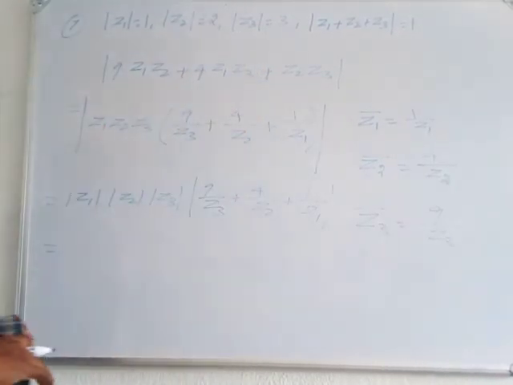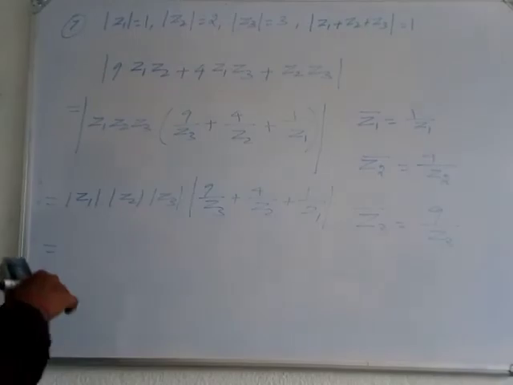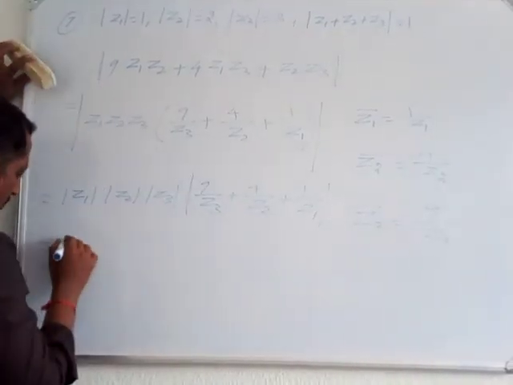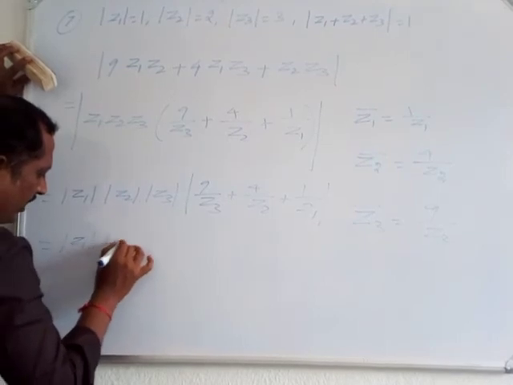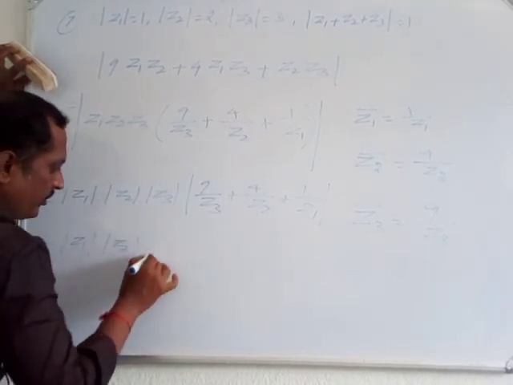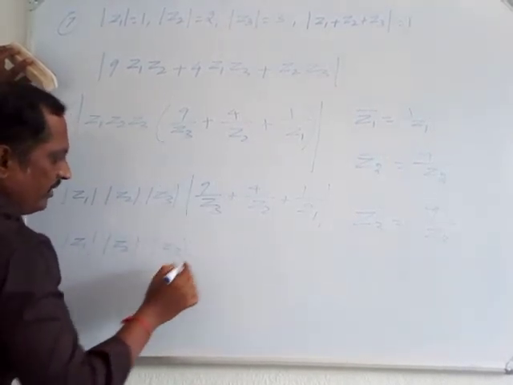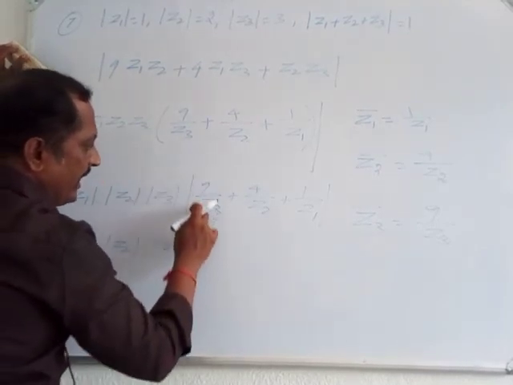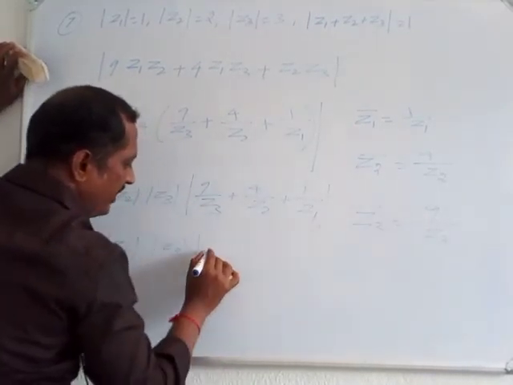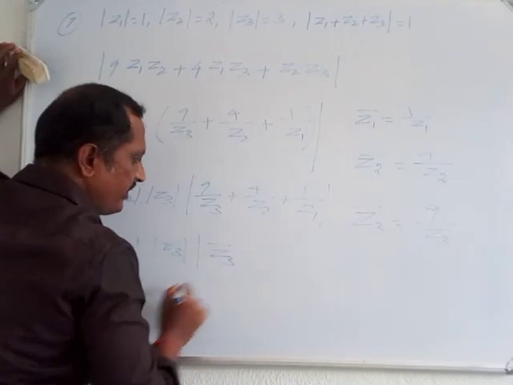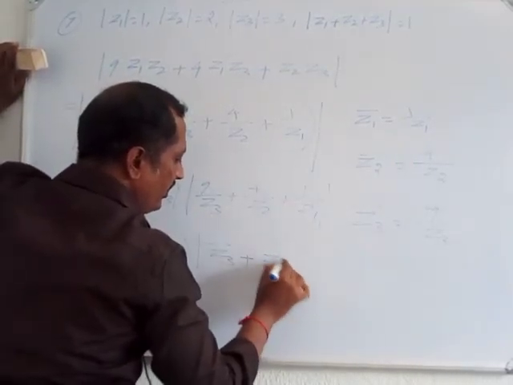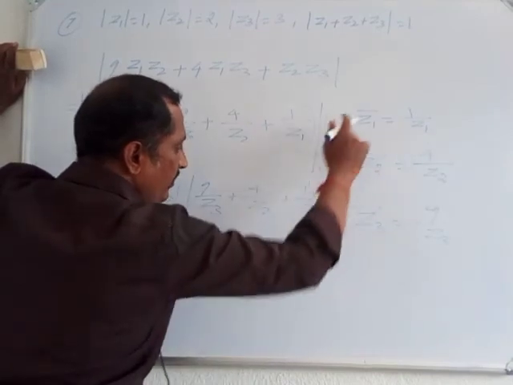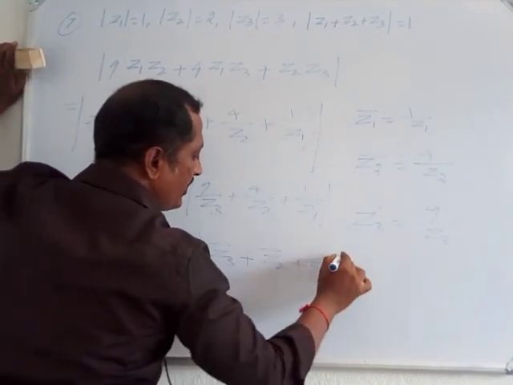So 9 by z3 is equal to z3 bar, 4 by z2 is equal to z2 bar, and 1 by z1 is equal to z1 bar.